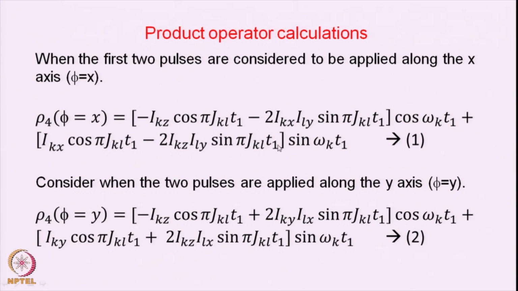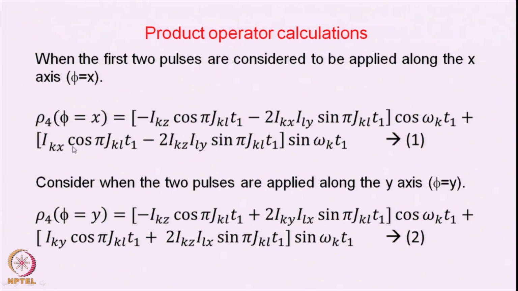In the case of COSY, what we did was we said, okay, this portion of the density operator is not observable, so therefore we discard it. We did not want to consider this any further, because when you collect the data immediately afterwards, this does not contribute to observable magnetization, therefore we discarded it and continued the calculation using only these 2 terms.